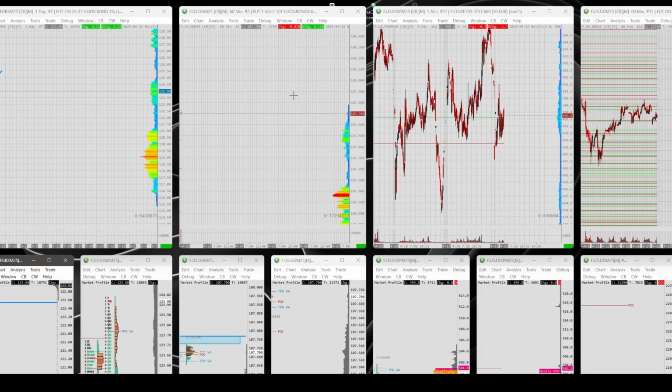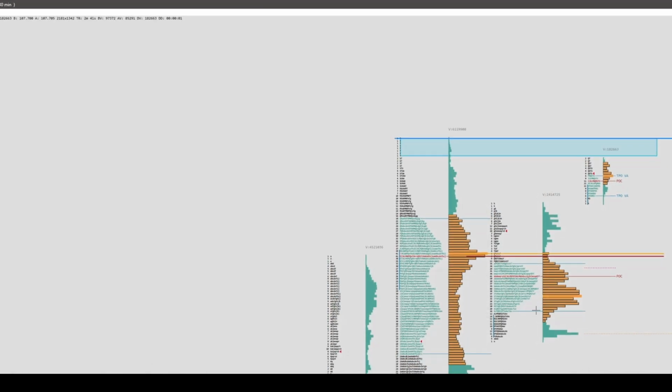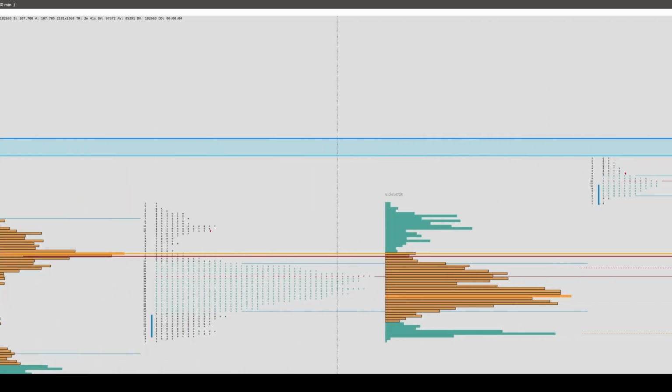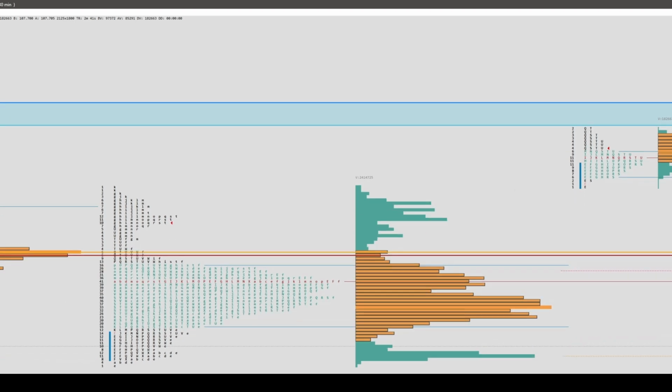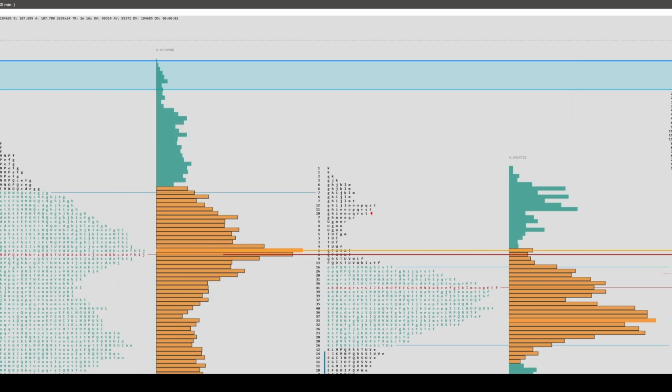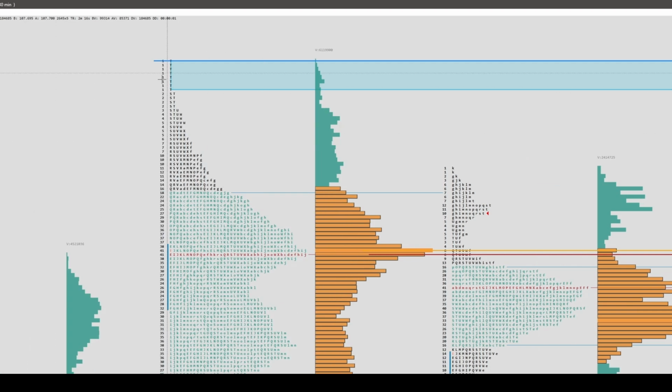So, and last but not least, we are going to be looking at the Schatz. We also made a gap right here, so I will be looking at this a lot. So you can see right here the market closed right here of the previous week and opened right here. So you want to be looking at how the market is going to react on those zones. You can see right here that the market left a selling tail.